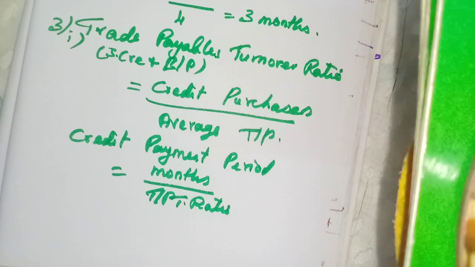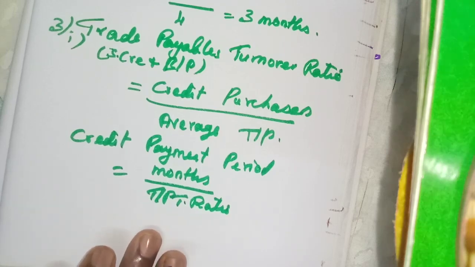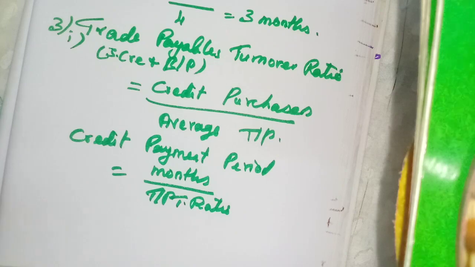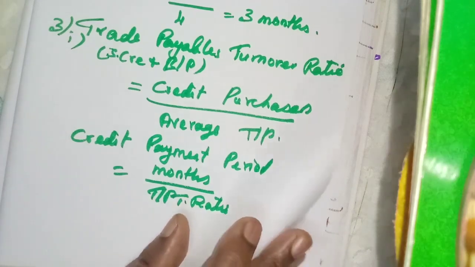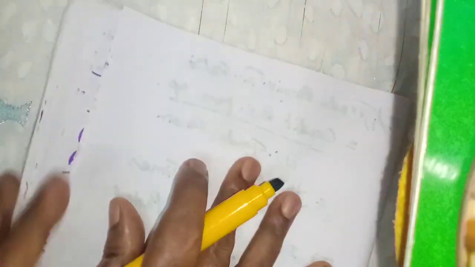Credit purchases given, trade creditors opening and closing, bills payable opening and closing. So here we need to calculate average trade payables. Credit purchases already given. First we will write the number, 10.